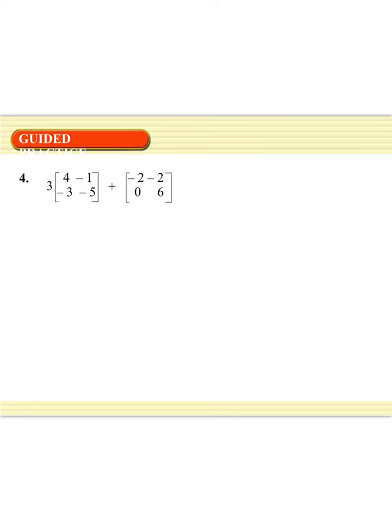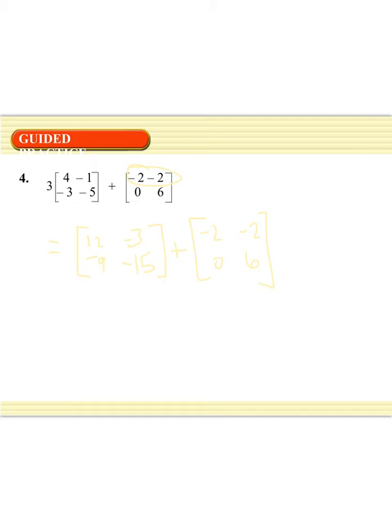So the first thing you should have done was the scalar multiplication by 3. So you should have gotten 12, -3, -9, and -15, plus the second matrix. And I hope that you can see that, like up here, this isn't -2 minus 2.